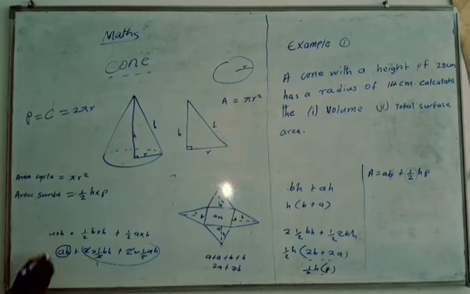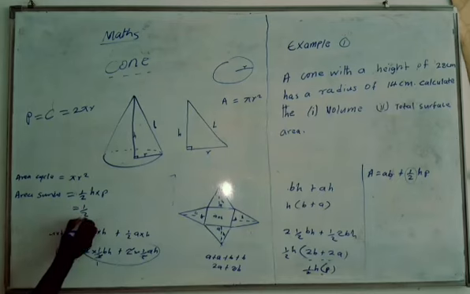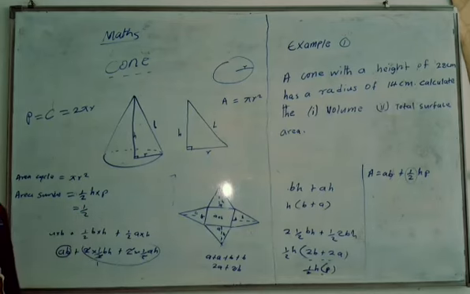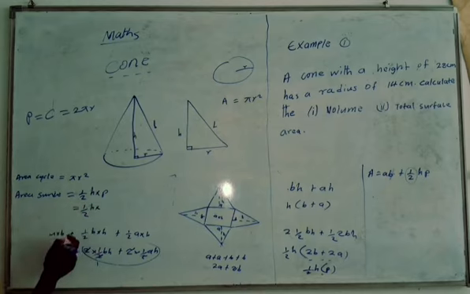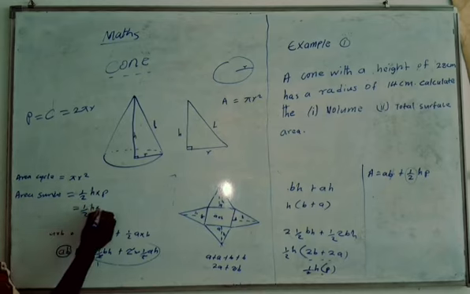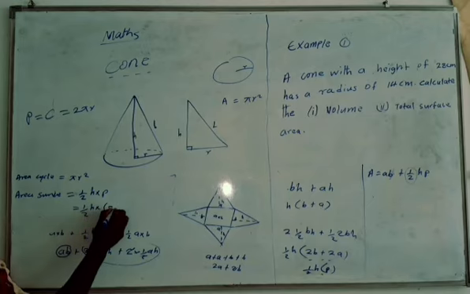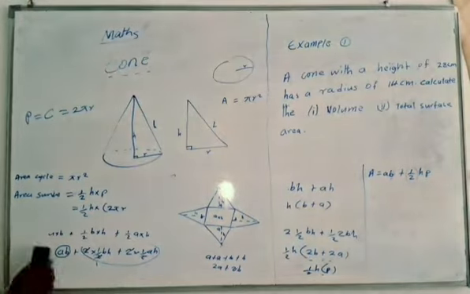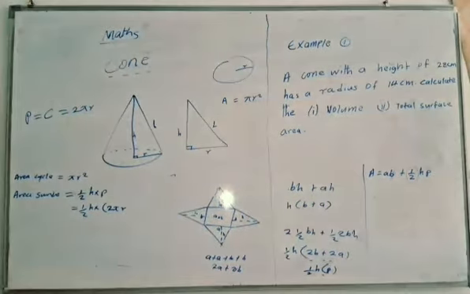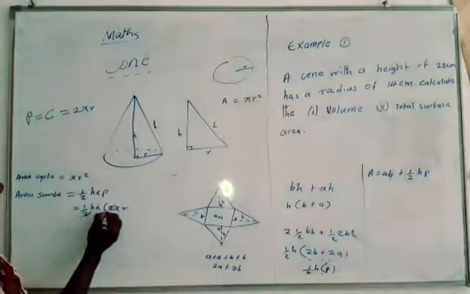So that will give us half times the height times the perimeter, and the perimeter is nothing but 2 pi r. So if we do that, these two will cancel these two.